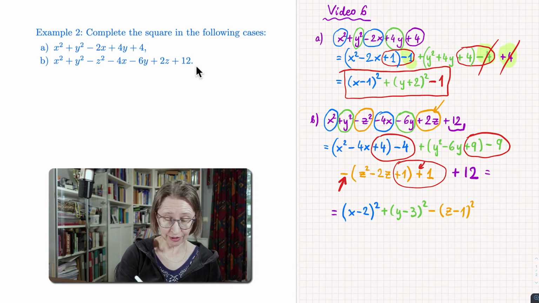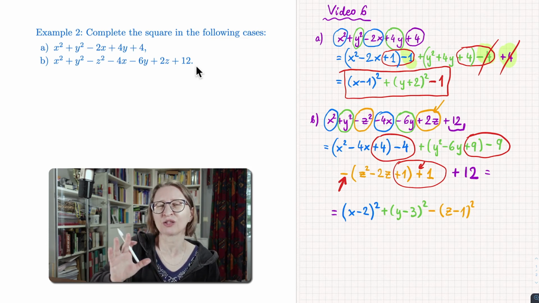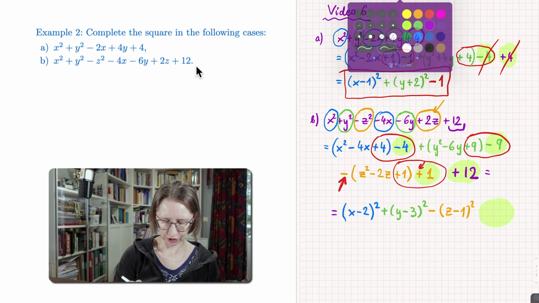And now the only thing I have to do is to gather my constants. So where do I have the constants which are not joined in any square? Here I have minus 4, minus 9, plus 1, and plus 12. And how much is it?